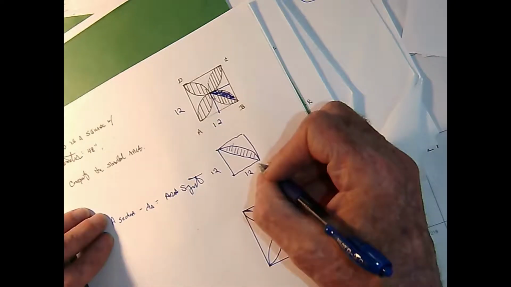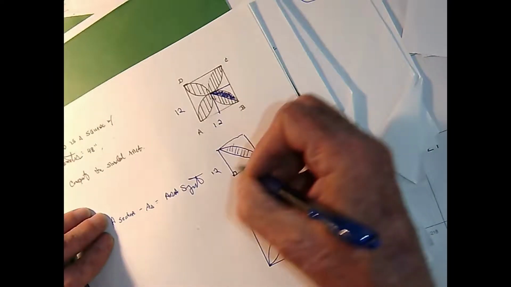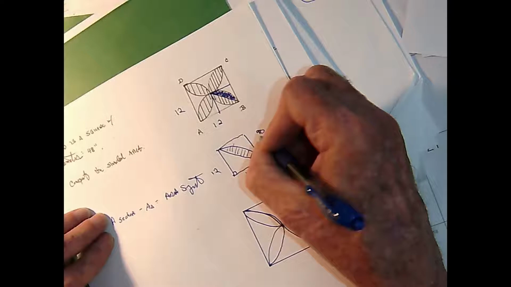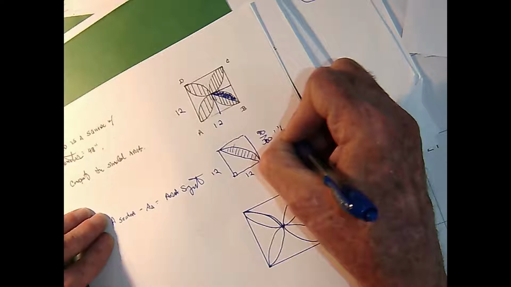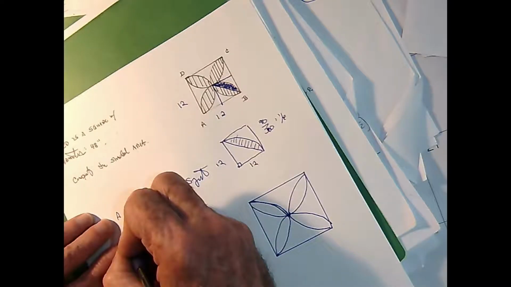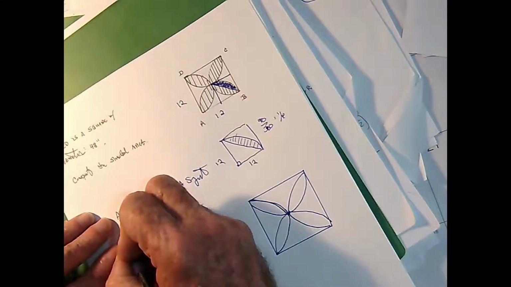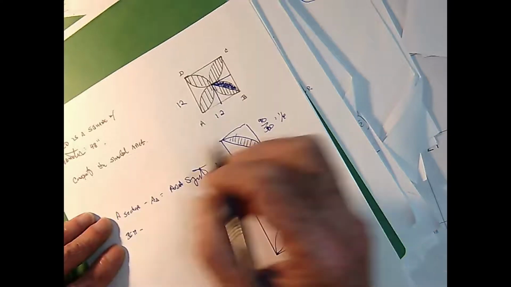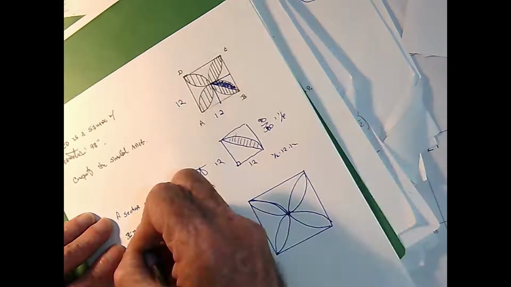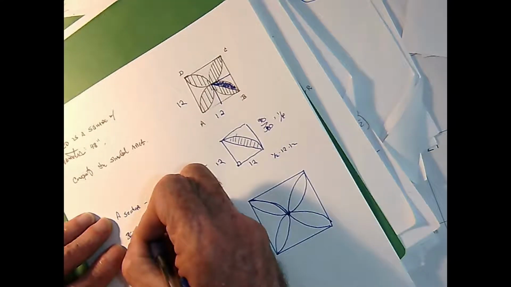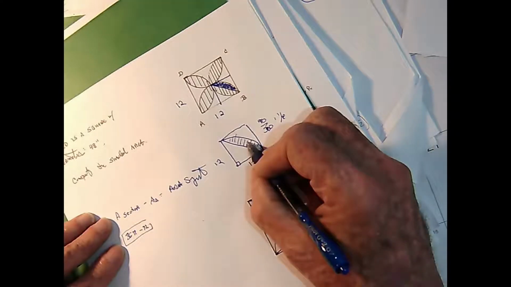The sector, because it's 1/4 of the area of that circle. 1/4 of 144 pi, there's 36 pi. Minus the area of the triangle, and that's 1/2 times 12 times 12, isn't it? 1/2 times the base and the height. And that'd give me 72. So 36 pi minus 72 for that zone right there.